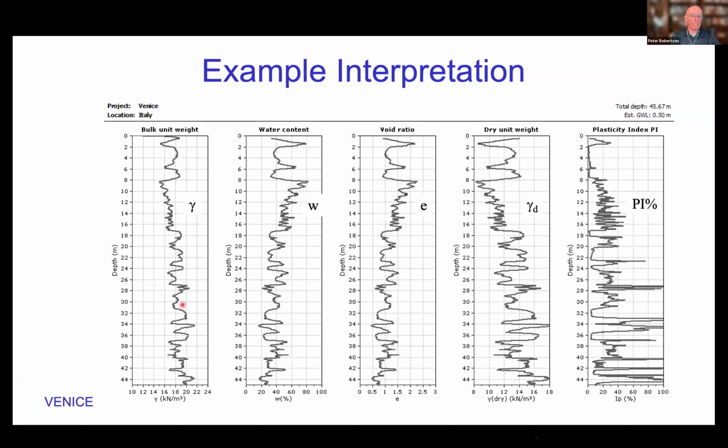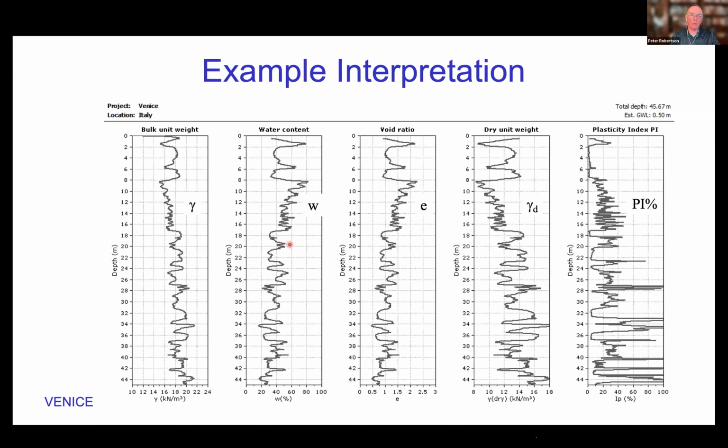And it turns out this is actually quite useful. A group in New Zealand said that they were using this, and below the water table, they would estimate the water content and void ratio based on standard relationships between specific gravity and total unit weight for saturated soil.